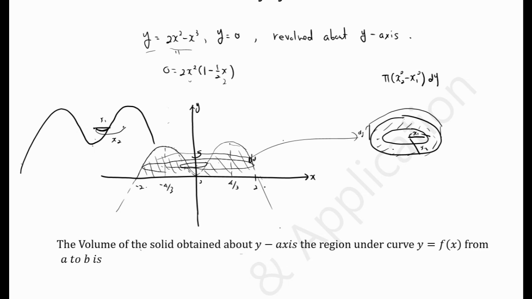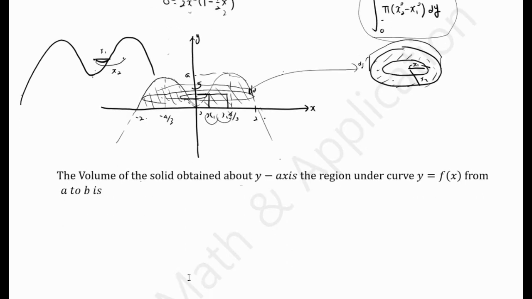The height is dy, and y goes from 0 to a. So we have to know x1 and x2, but finding x1 and x2 on this curve is very, very hard. So we can find the volume with washers, but it is very difficult. So we need another method to find this volume.